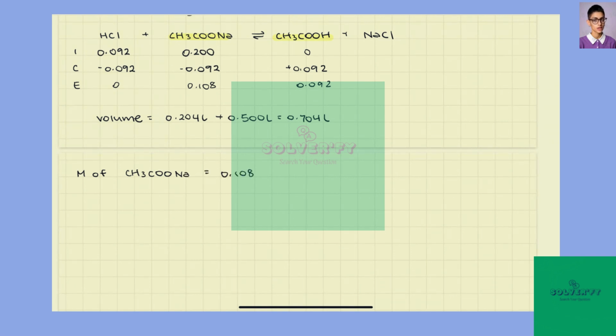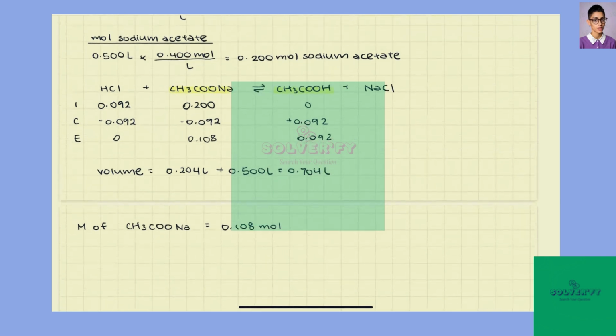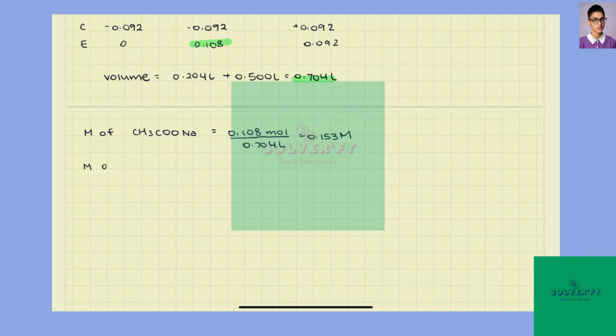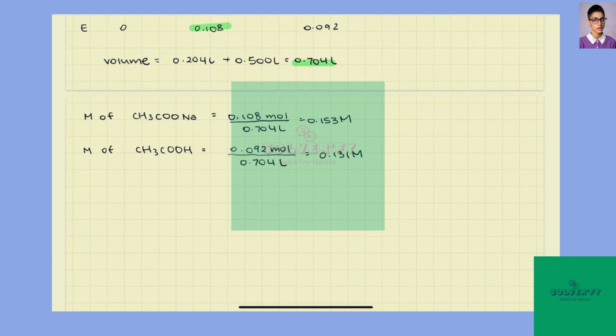So, given what we know already from our calculations, given over here, and our final volume, we will do the same for the conjugate base. Which gives us 0.131 molar.